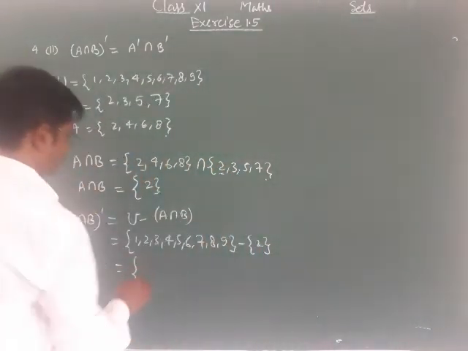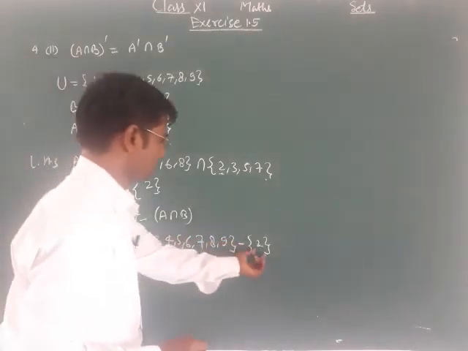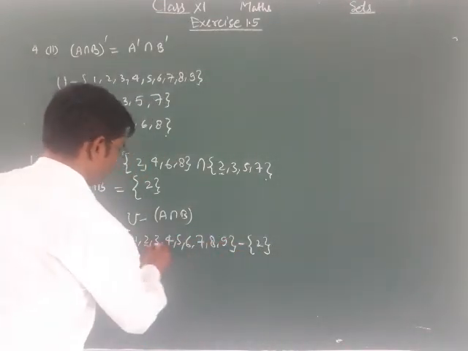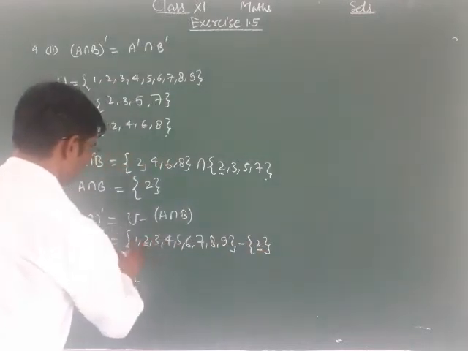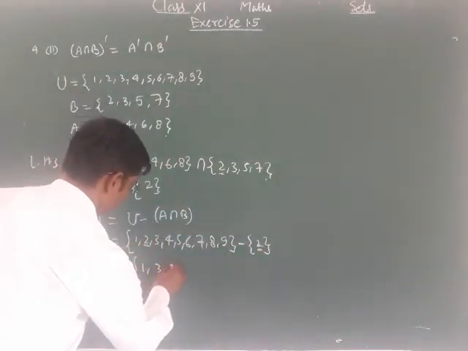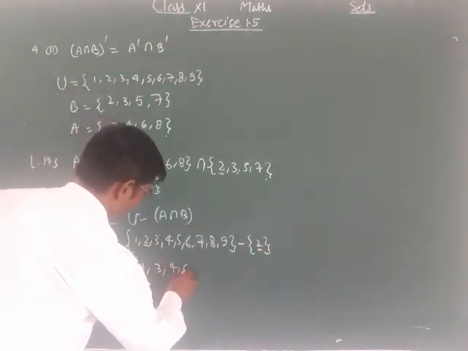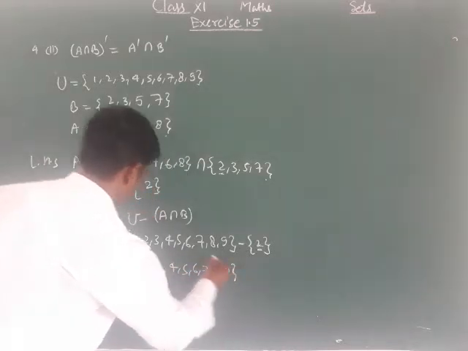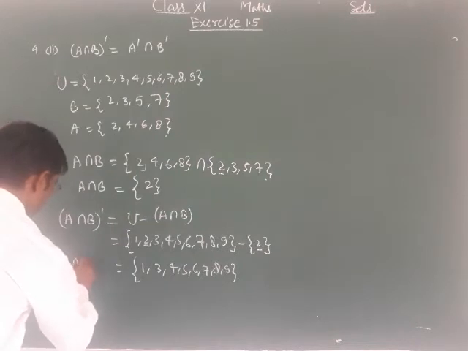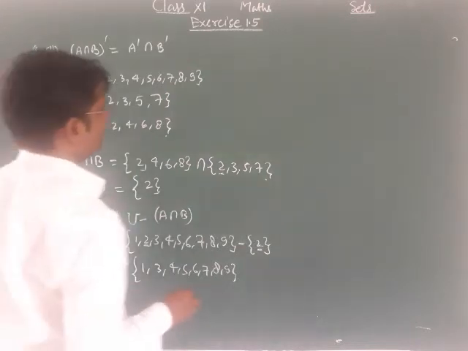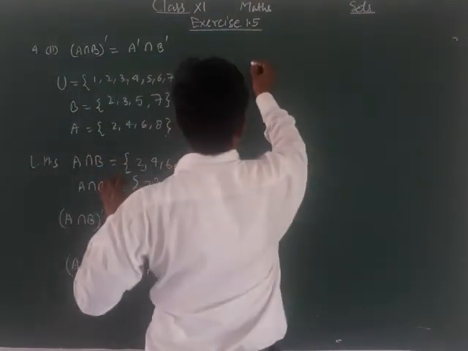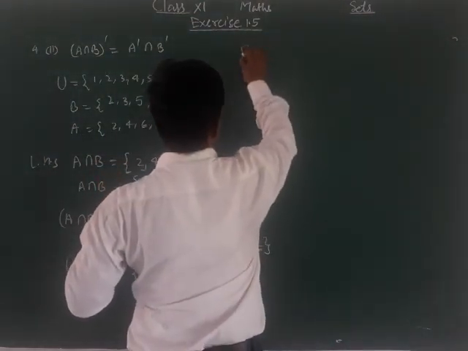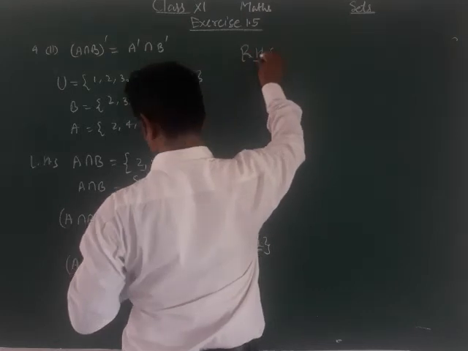So those elements not present in this set, so only 2. This is 1, 3, 4, 5, 6, 7, 8, 9. So this is the complement of A intersection B.